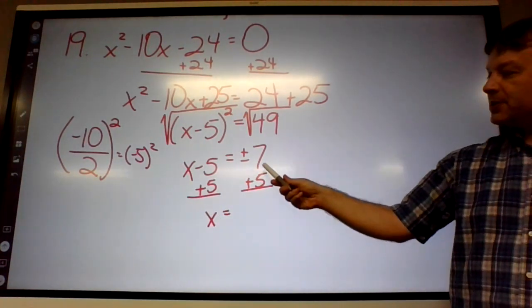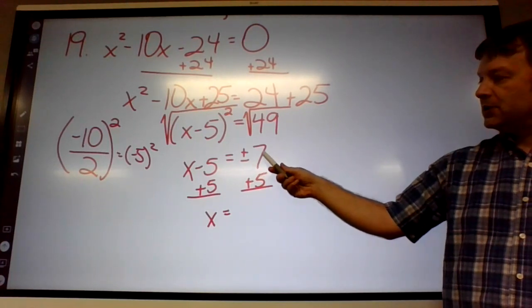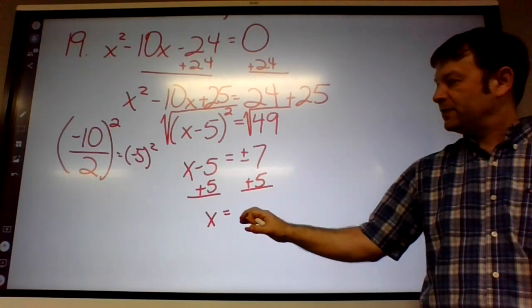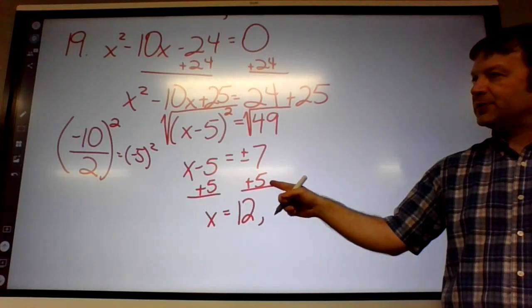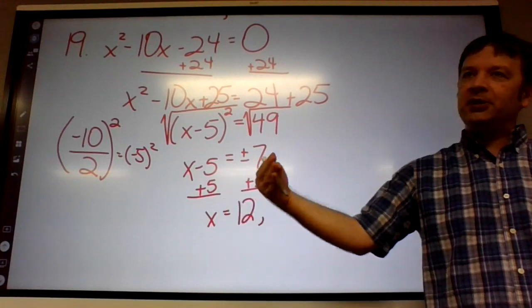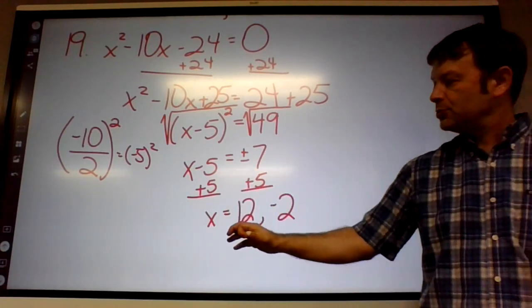So this means 7 plus 5 and negative 7 plus 5. 7 plus 5 is 12, and negative 7 plus 5, so you lose 7, you gain 5. Negative 2.